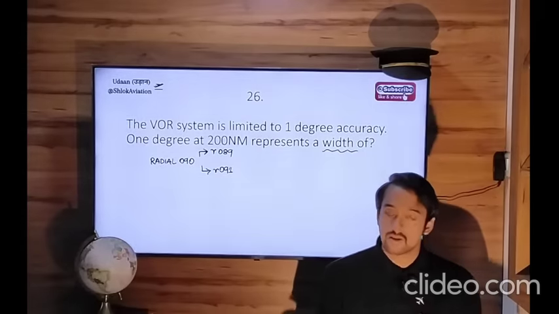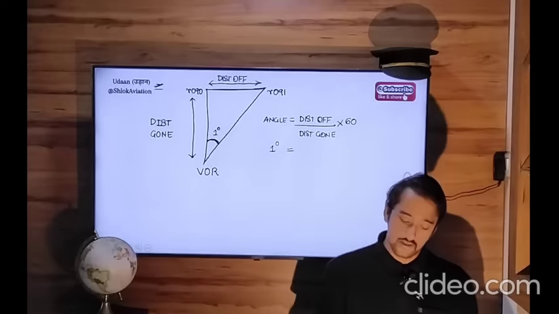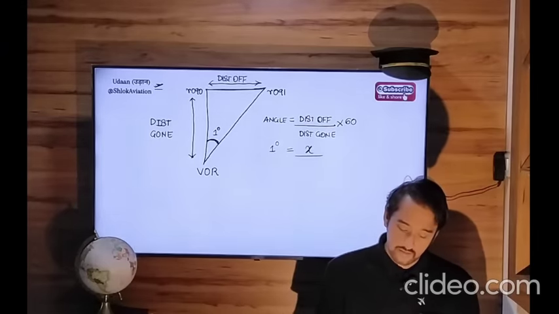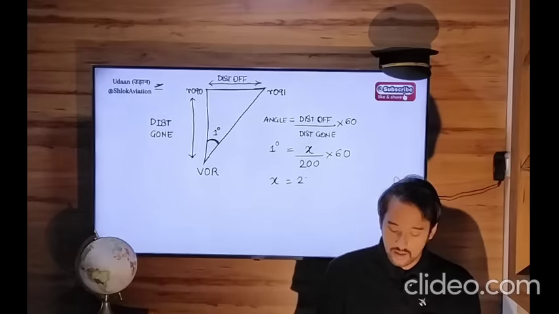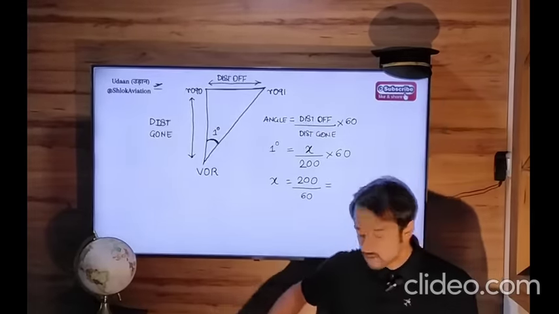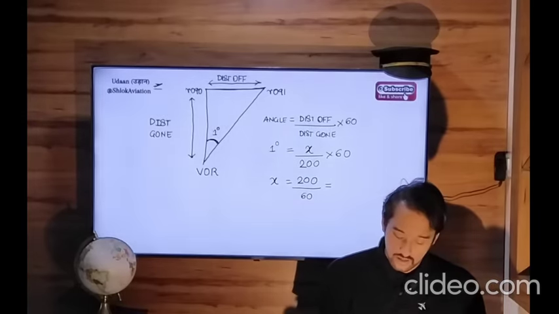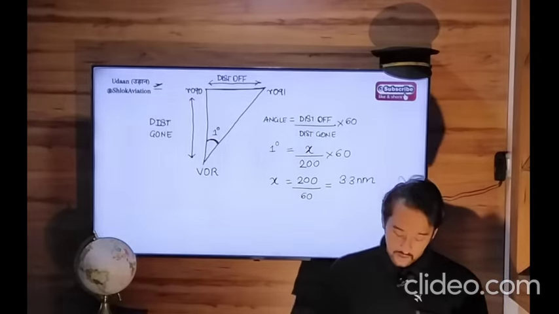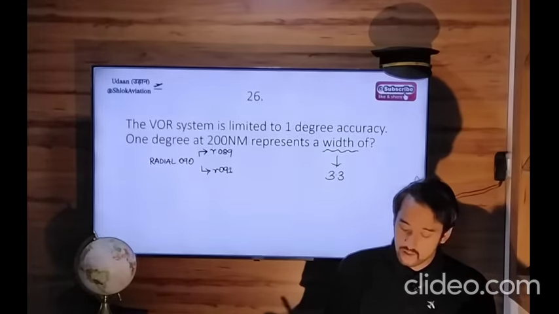The distance gone is 200 nautical miles. X is 200 divided by 60, which is equal to 3.3 nautical miles.